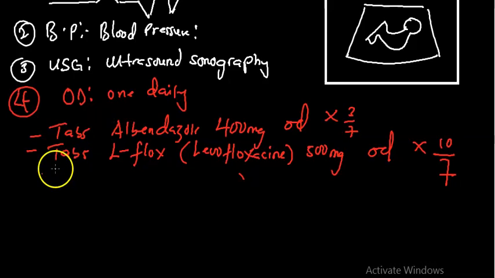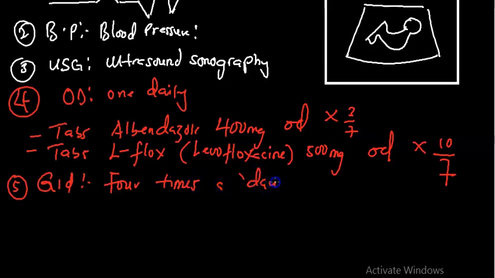So, number 5, the next abbreviation we have is the QID. This simply means 4 times a day. So now, what medication can you take 4 times a day? Let's take an example with CAPS, amoxicillin.